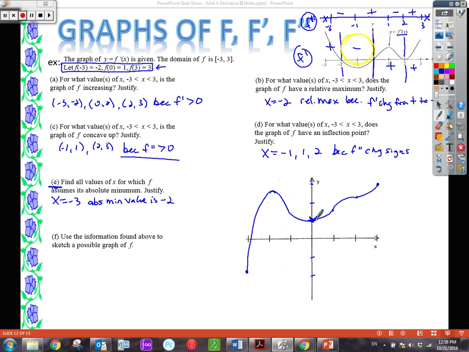So this is the only location the absolute minimum exists.